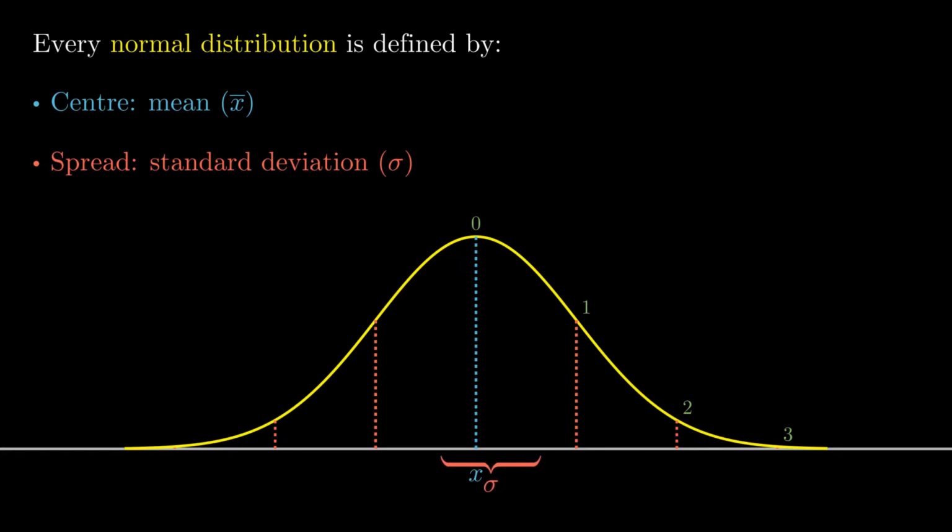And it'll be the same thing going the other way, but now because we're looking at scores below average, we give them negative numbers. So this position here gets the number -1. Then going another step to the left, we get -2. Then similar for -3.